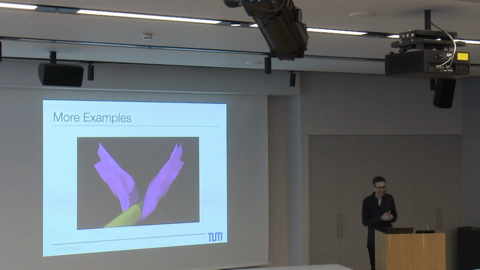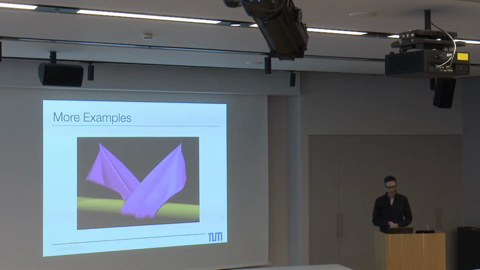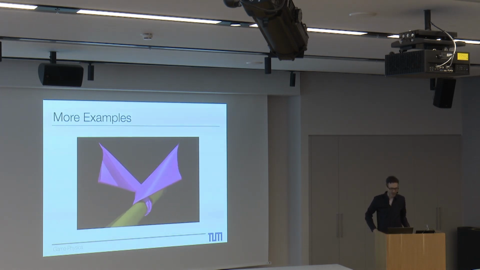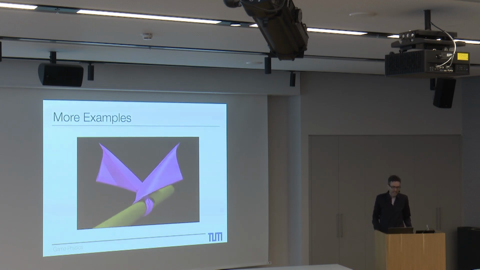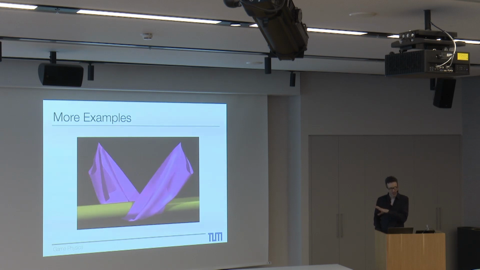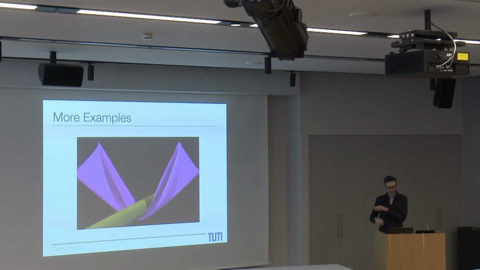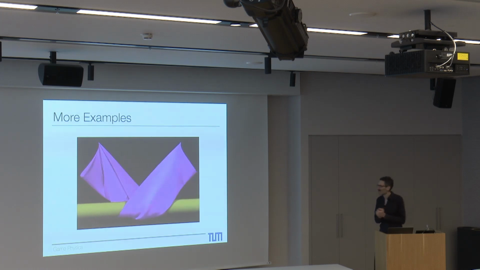Now we come to an interesting example. This is one that's also found in the paper and is supposed to be a bit of a stress test. And the important thing is it works so far, the cloth disentangles, so it does not get stuck.